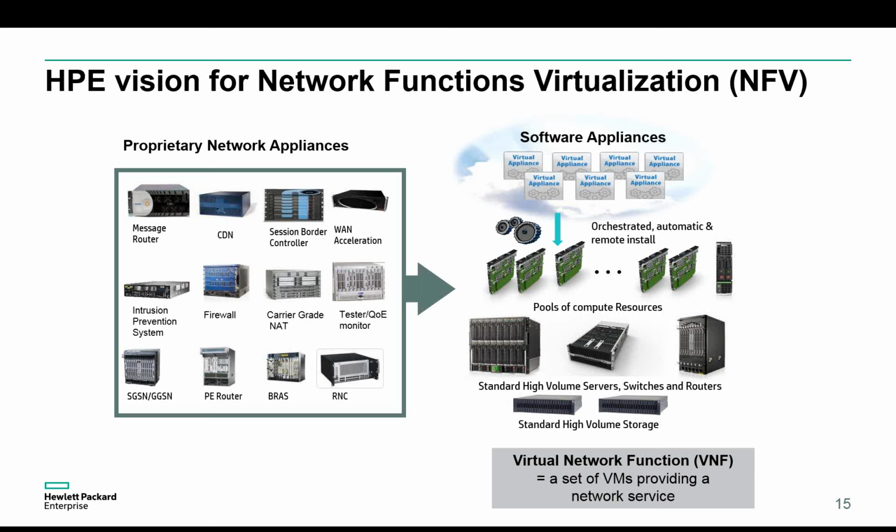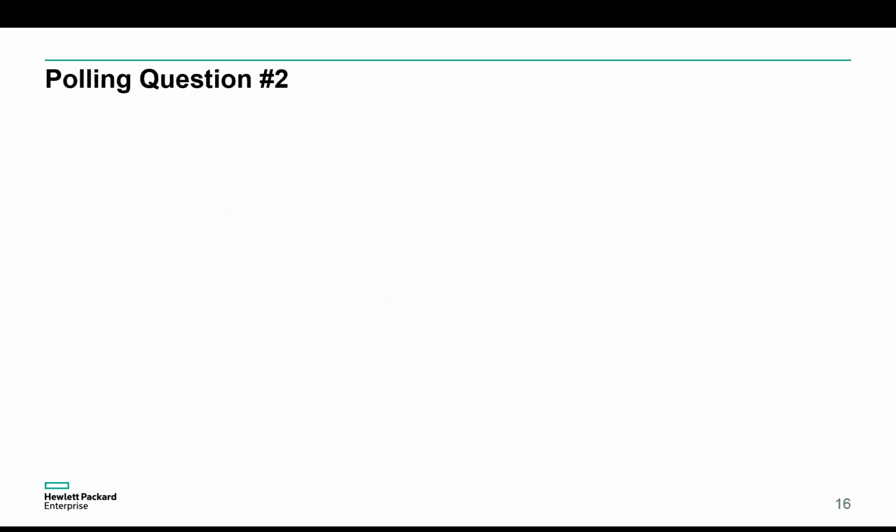And so I'd like to launch another polling question to ask if you are deploying these types of network appliances, these network function virtualization devices, in your environment. Are your companies deploying network function virtualization devices such as virtual load balancers?